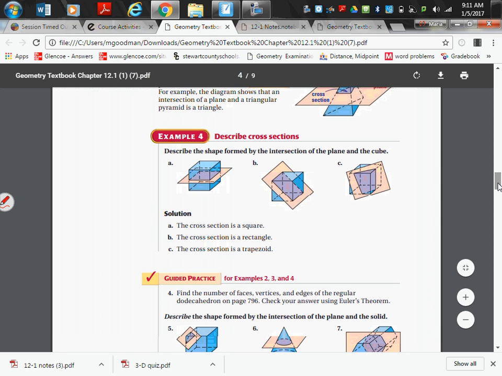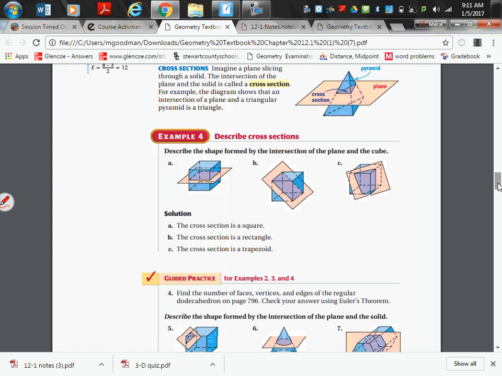Alright, so let's look at this problem A. Parallel or perpendicular? Freddie, is this plane here in figure A crossing this picture parallel or perpendicular?